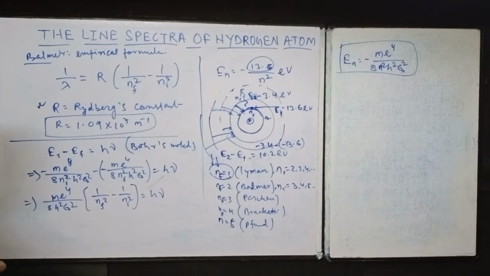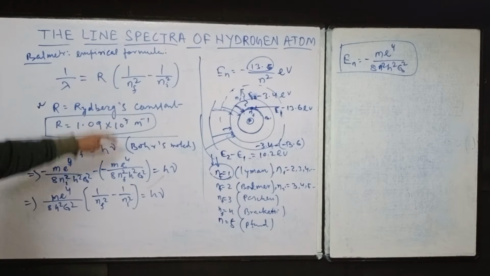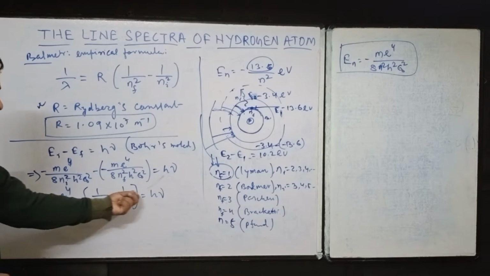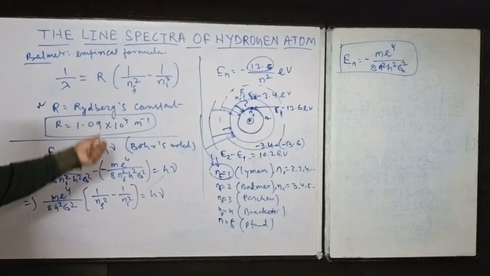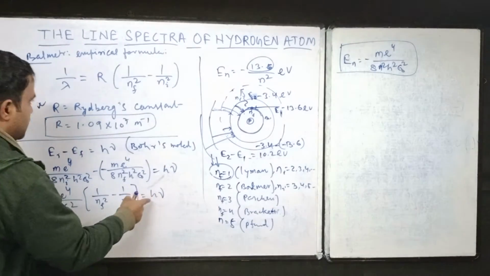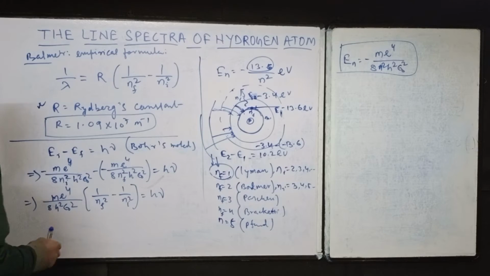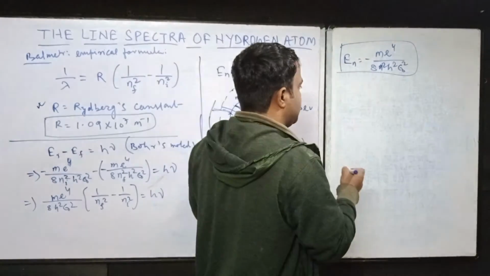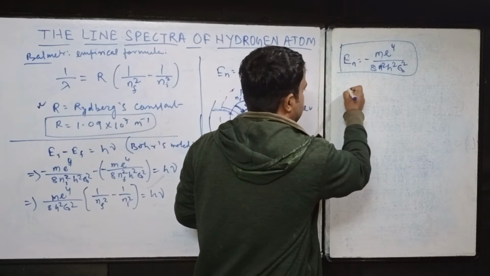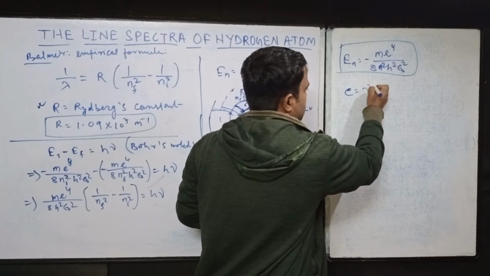So this is the same, right? And from here also you can find out the value of R. So what you will do, you will convert this equation in terms of nu, because you know one relationship between nu and lambda, that c equals nu into lambda.